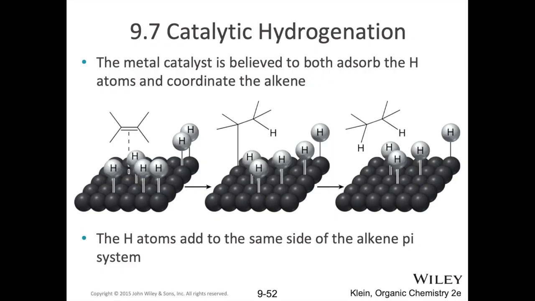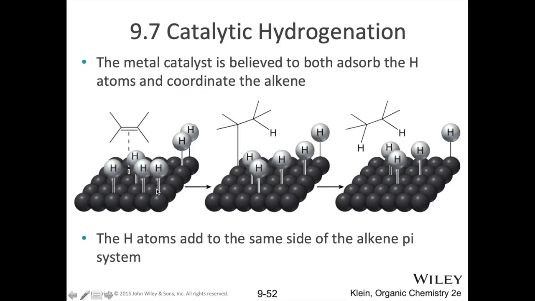Okay. Now, if you want to see why this is a syn addition, this is kind of what happens. Essentially, your alkene adsorbs to the surface of your metal. It gets sort of attracted to the surface of your metal. You have hydrogen molecules also adsorbed to the surface, but what happens with the hydrogen molecules is that the hydrogen-hydrogen bonds break, and instead you form hydride bonds with the metal.